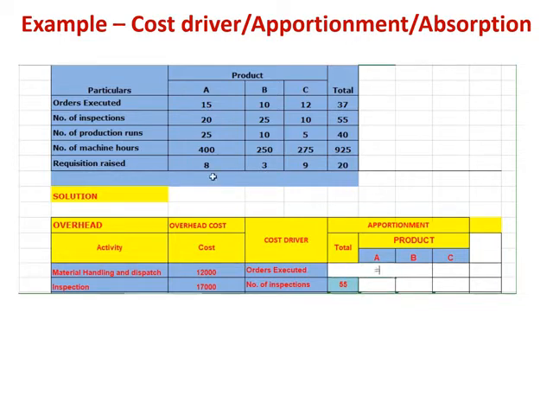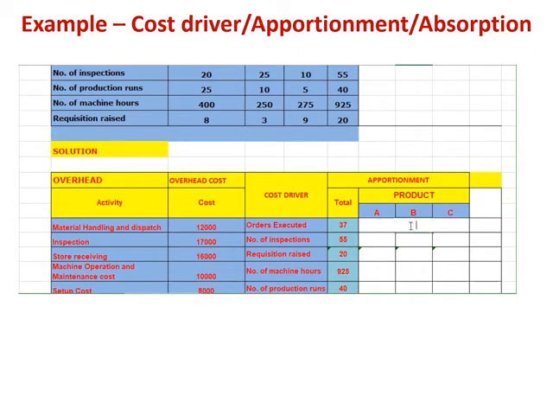So this is equal to 15 divided by 37 into 12,000. I am giving the formula now instead of the values, so you will get this value.